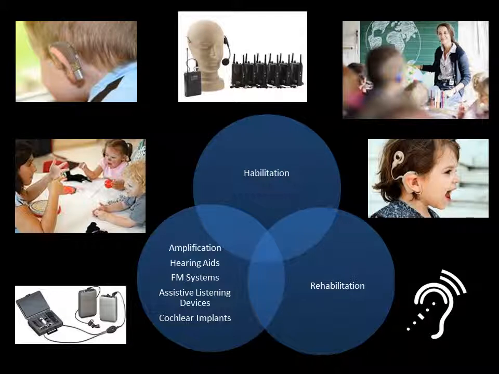A lot of times in classrooms, a child may wear this system around their neck or have headphones on, and the teacher can wear the microphone, and the signal transmits directly to these headphones. By using an FM system, the teacher can often provide an auditory signal to the child without any distractions of classroom noise. So there's a greater opportunity for the child to be able to attend to what the teacher is saying.